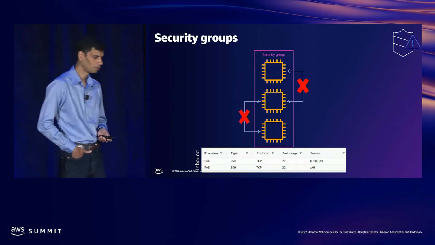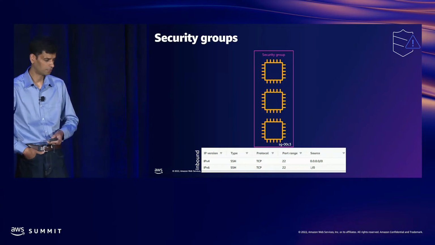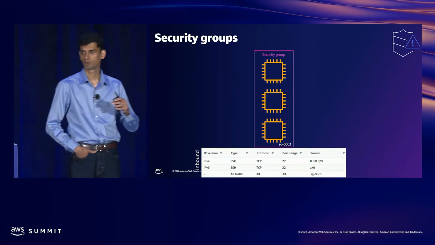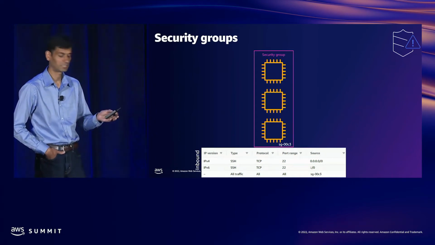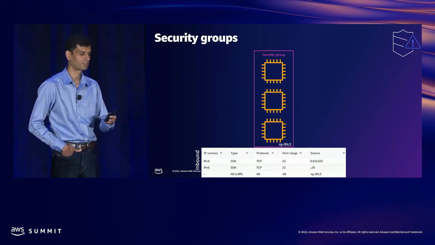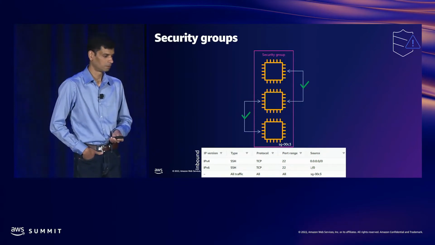So each security group has an identifier, like a security group ID, as you see here at the bottom. And you can use that within your security group rule. So here I'm referencing the same security group and specifying that all traffic is allowed. So this now will ensure that all traffic within your EC2 instances can flow in.